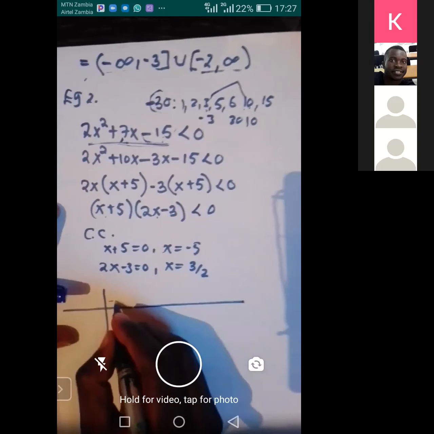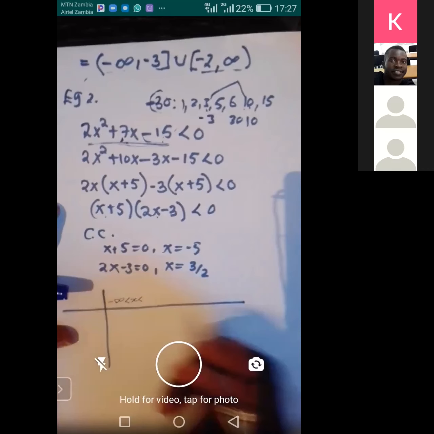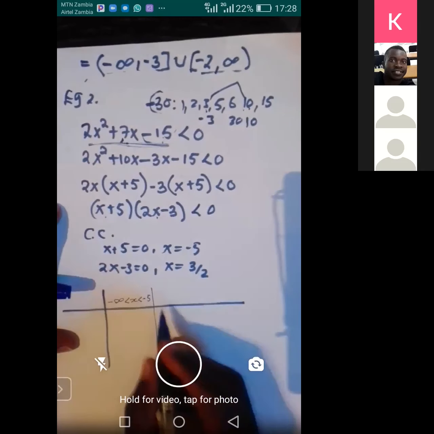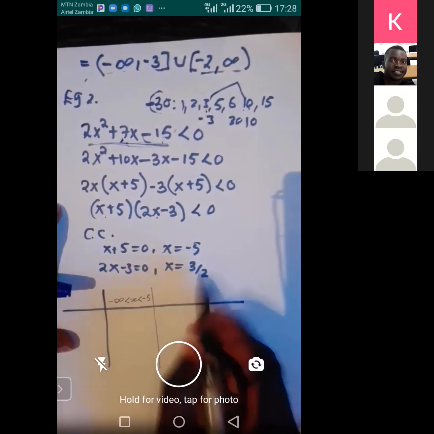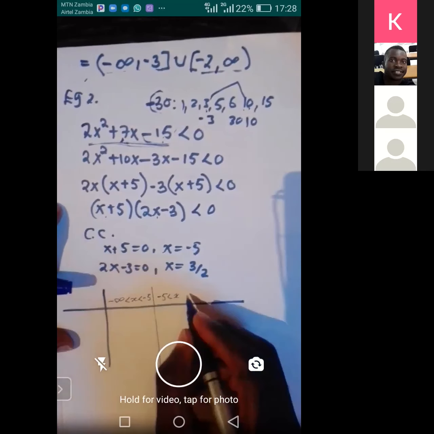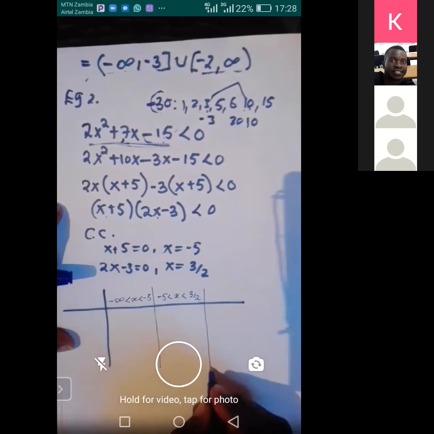Are we able to see with that pen? Okay, I think it's visible enough. X, then all the way up to minus 5. Then we are going to consider also this interval from minus 5 to positive 3 over 2. So we have minus 5 being less than x, which is in turn less than 3 over 2.